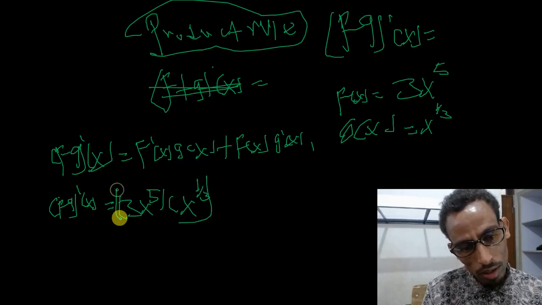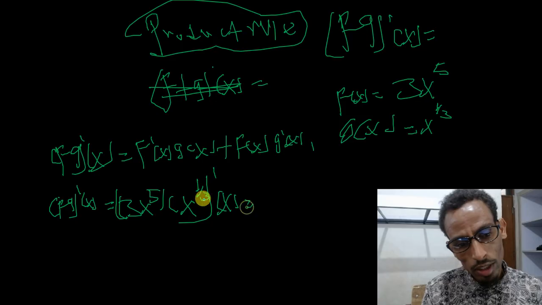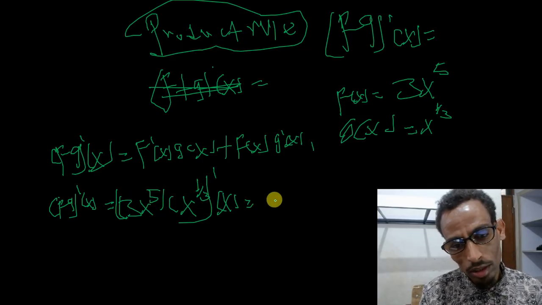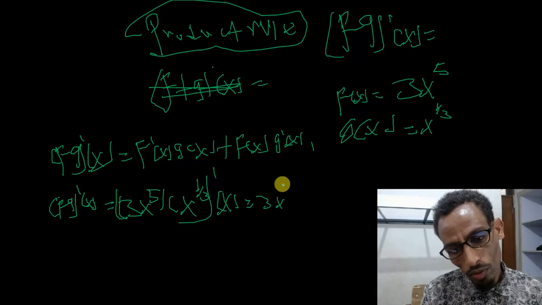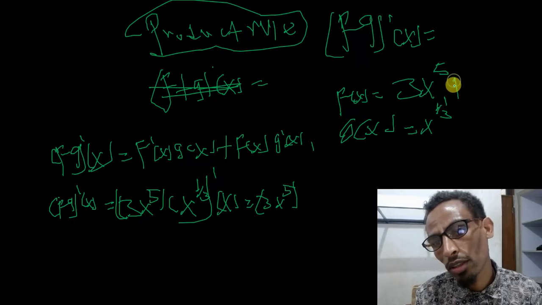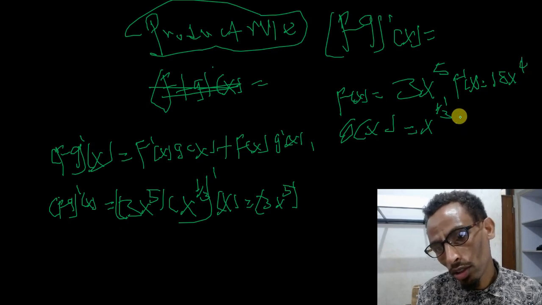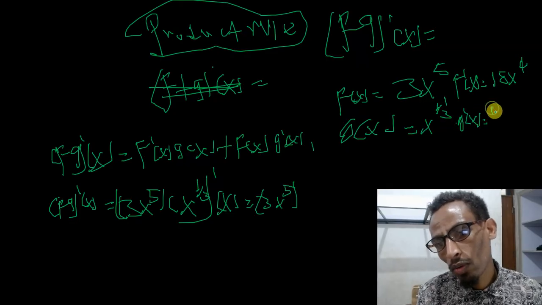First we differentiate f, so f derivative at x is 15x to the power of 4, and g derivative at x is 1 over 3 x to the power of 1 over 3 minus 1.